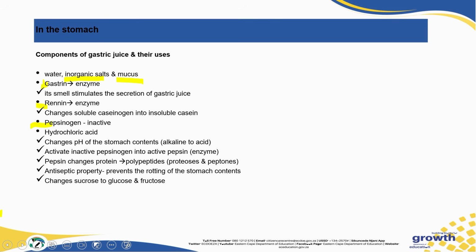Pepsinogen is in an inactive mode in the stomach unless there is food, and then the hydrochloric acid in the stomach activates the inactive pepsinogen into active pepsin.